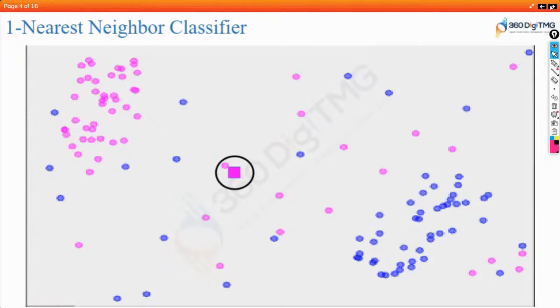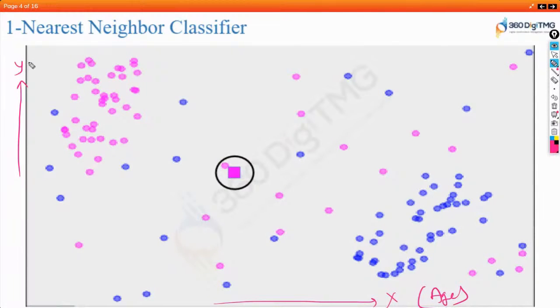Now, to understand this, I'll take another example. Assume 2 different parameters. I'm taking 2 values. One value I'm plotting on the x-axis, the other on the y-axis. On the x-axis, let's say we are plotting age.